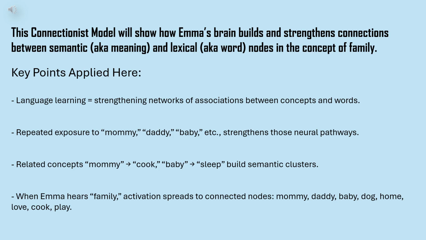Over time, she starts to form semantic clusters. For example, mommy links with cook, love, home. Baby will connect with sleep or play. Daddy might link with cook, home, sleep. So when Emma later hears the word family, in her brain, it is automatically activating a whole network of words.